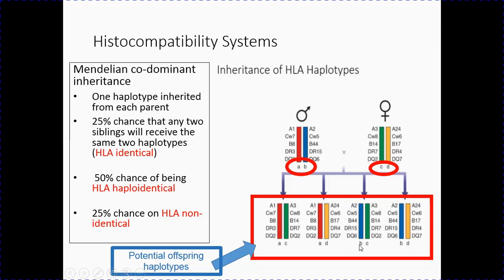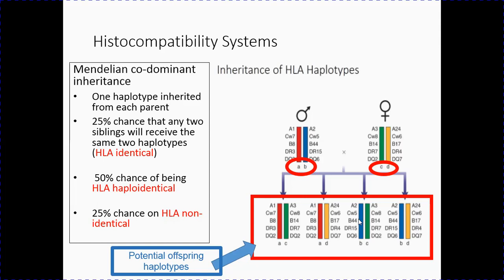The third has a B from the father and a C from the mother. And the fourth has a B from the father and a D from the mother. No matter how hard you try, you're not going to come up with more than 4 potential offspring haplotypes. Feel free to go look it up and figure it out if you doubt me. But 1 haplotype is inherited from each one.